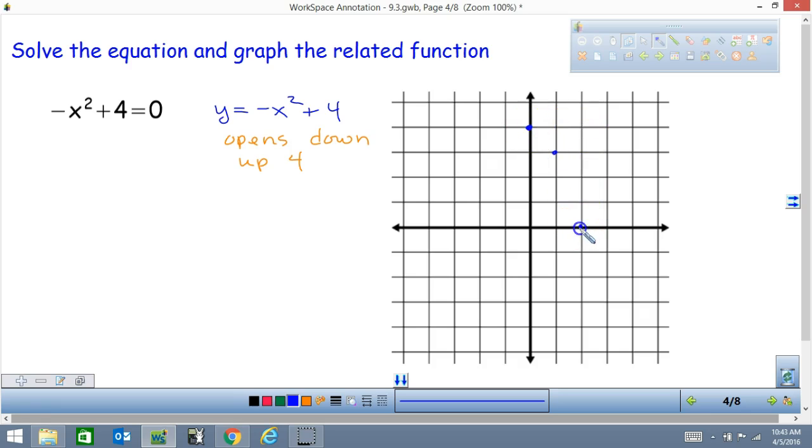Out 2, down 4. Out 3, down 9. Here are the x-intercepts, negative 2, 0, and positive 2, 0.